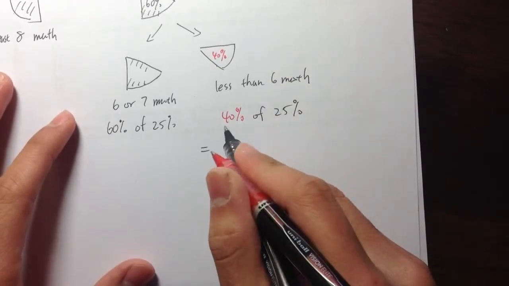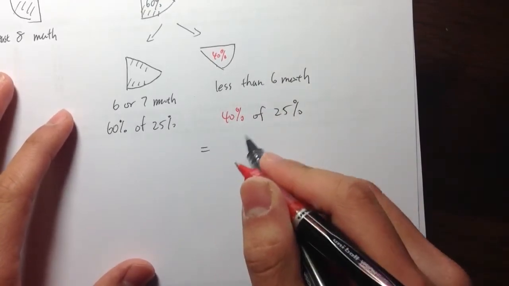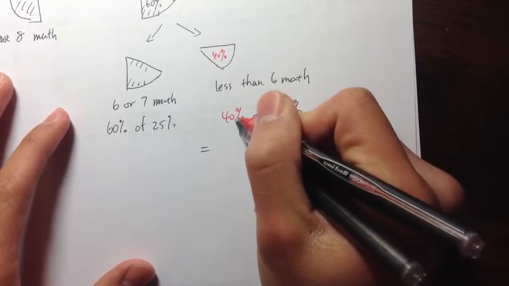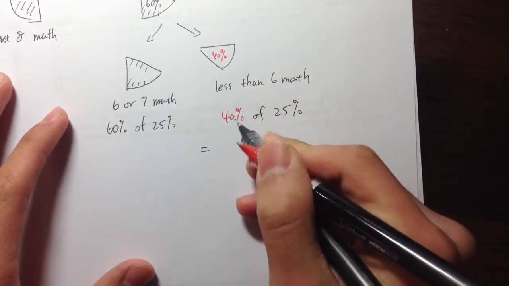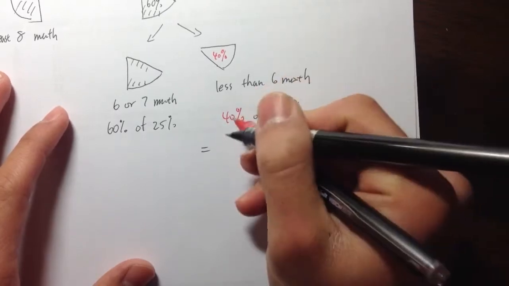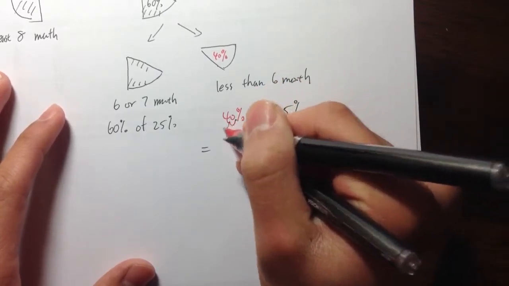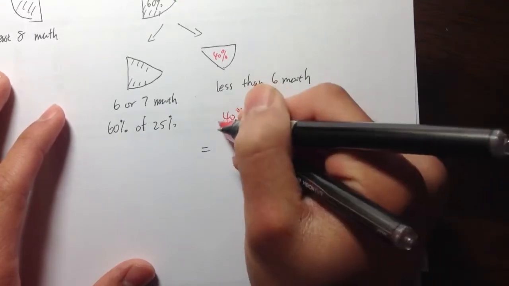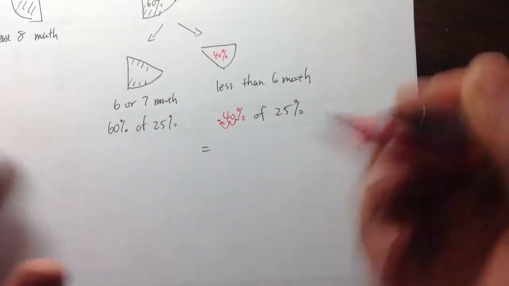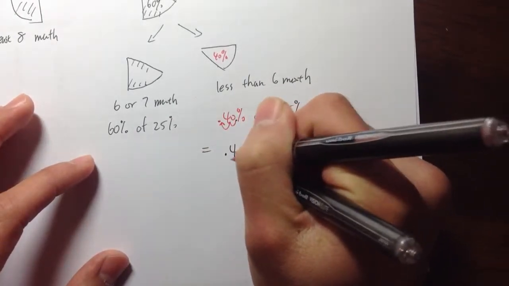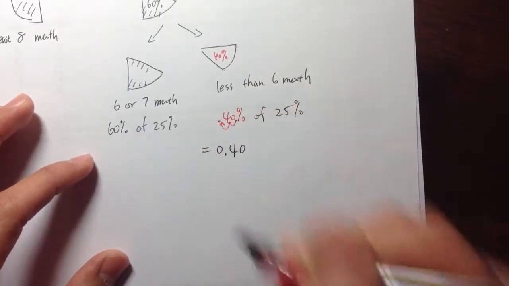So let me turn 40% into a decimal. So 40% is 40, a whole number. So originally you have the decimal point right here. To change a percentage to a decimal, I need to move the decimal point once, twice to the left. So that's my new decimal point, right? So I have 0.40, and let me add a 0 in front of the decimal point.